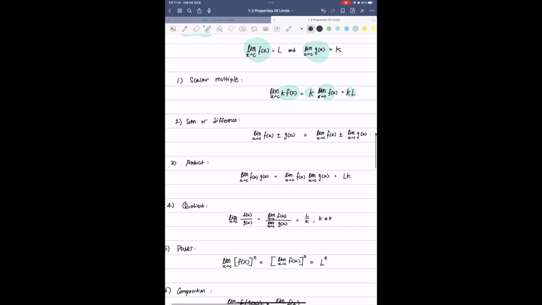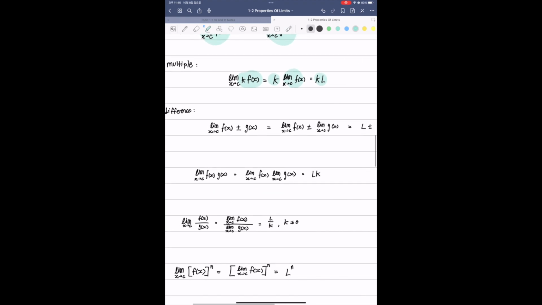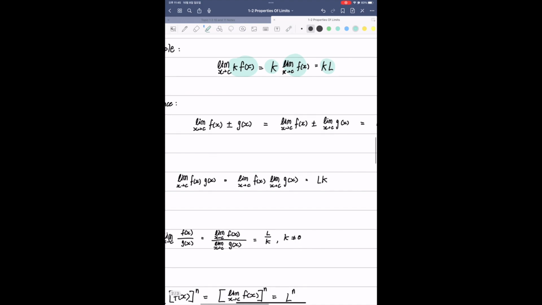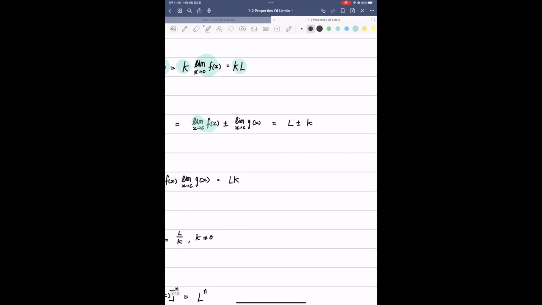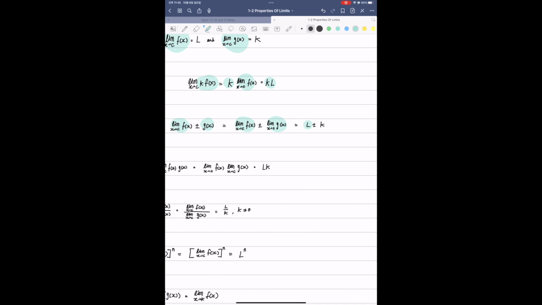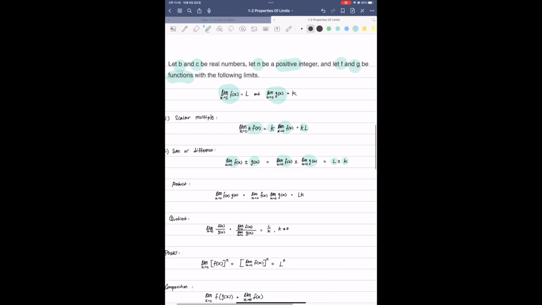The second, sum or difference. The limit of the function f(x) plus g(x) equals the limit of function f(x) plus the limit of function g(x), and this eventually equals L plus K. For people who are confused about what L and K are, it is given that the limit of f(x) equals L and the limit of g(x) equals K, right over here.